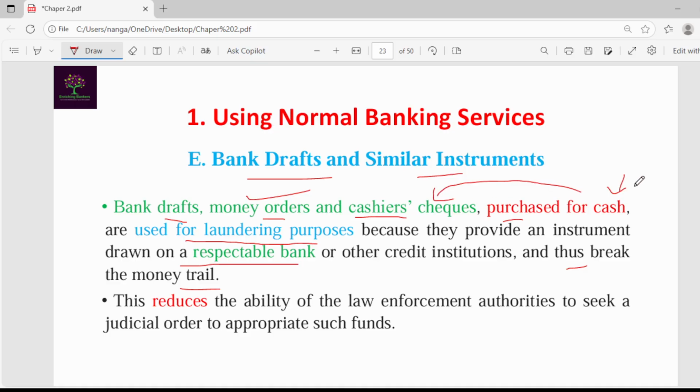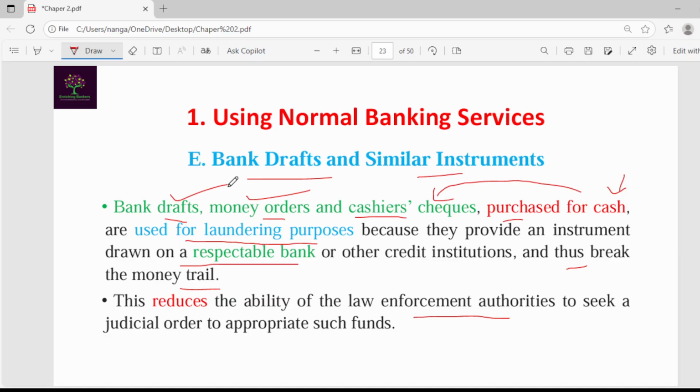Once the cash or illegal funds are converted into legal instruments, that will be shown as legal income. These instruments cannot create doubt with law enforcement authorities. No law enforcement authority can express doubt on these instruments, and they want to create that impression.